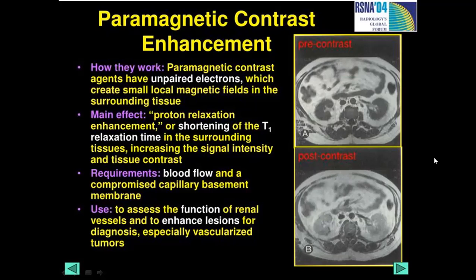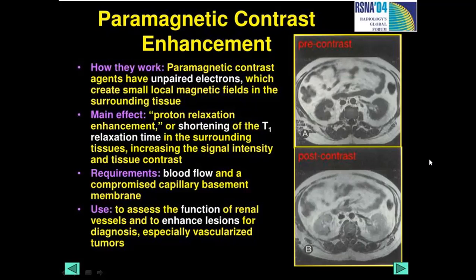They have unpaired electrons which create small local magnetic fields in the surrounding tissue, and in this way lead to shortening of T1 relaxation time in surrounding tissue, and as a result increase the signal intensity and tissue contrast.